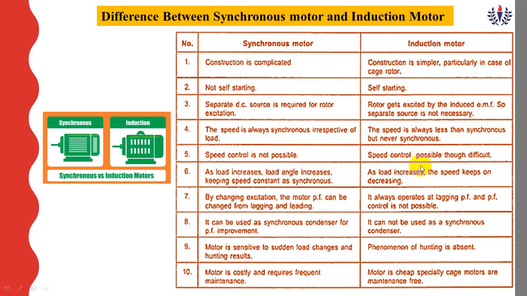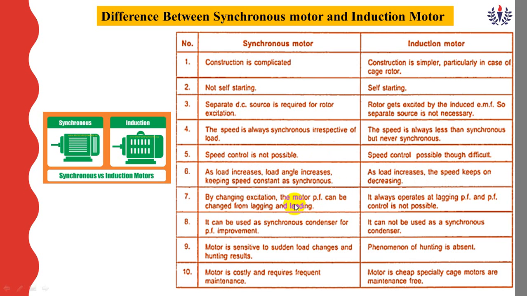But here, speed control is possible, but difficult, because there are some methods to control the speed. Sixth, as the load increases, the load angle, alpha, increases, keeping speed constant at synchronous. But here, as the load increases, the speed keeps on decreasing.